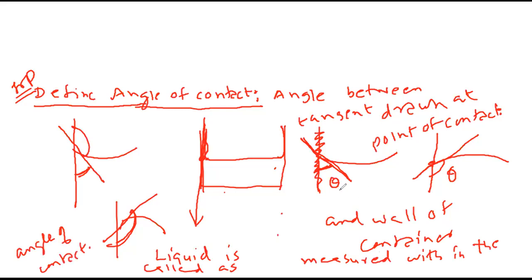It is acute for liquid which partially wets the wall of container and obtuse for which does not wets the wall of container, and 0 for liquid which completely wets the wall of container. Followed? Angle of contact. Wordings followed now?